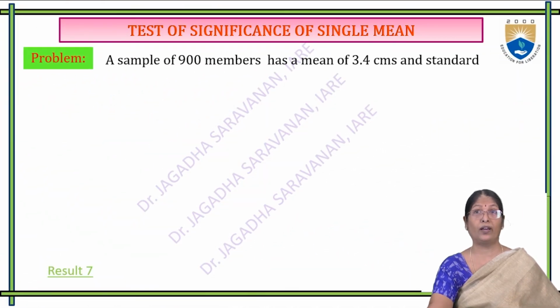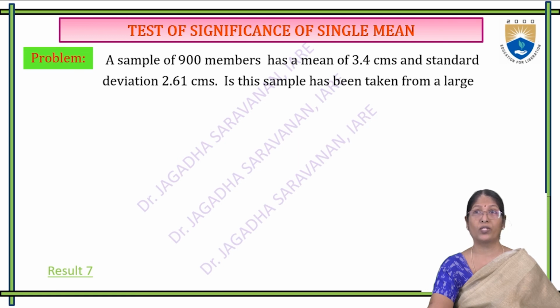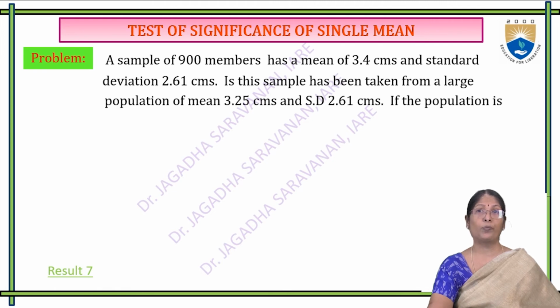A sample of 900 members has a mean of 3.4 centimeters and standard deviation 2.61 centimeters. Has this sample been taken from a large population of mean 3.25 centimeters and standard deviation 2.61?